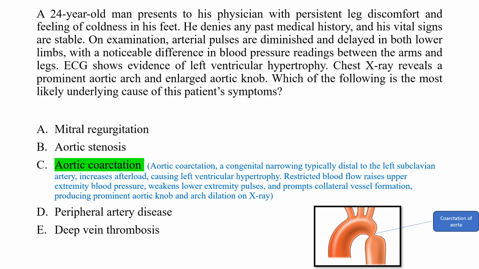Additionally, blood pressure is higher in the upper extremities compared to the lower extremities due to the obstruction. Pulses are weakened or delayed in the lower extremities. A prominent aortic knob and dilated aortic arch on X-ray can result from post-stenotic dilation or collateral vessel formation.